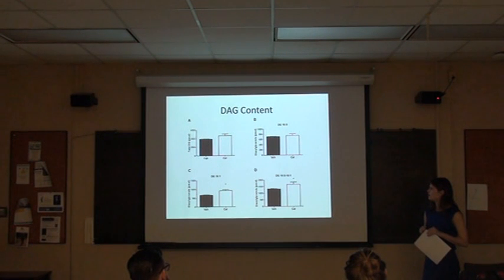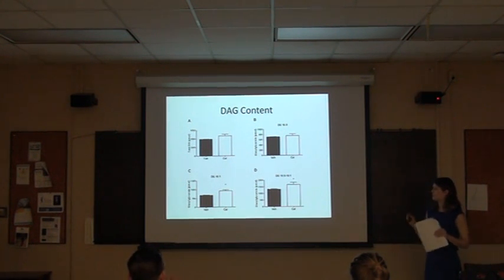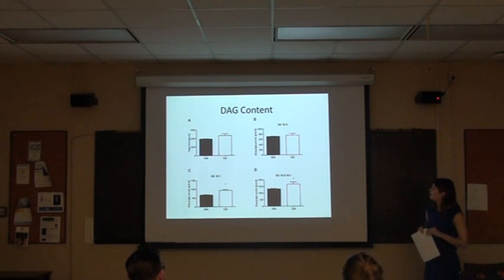On the other hand, if you look at our DAG content, diacylglycerols here, the total was not significant, letter A. But if you look at B, C, and D, these lipid subspecies, they all, minus 16:0, increase significantly, showing an increase in DAGs.